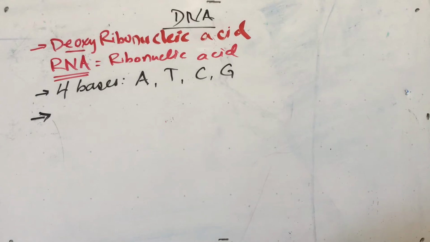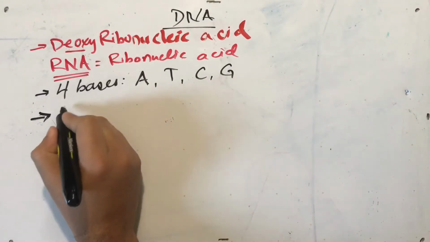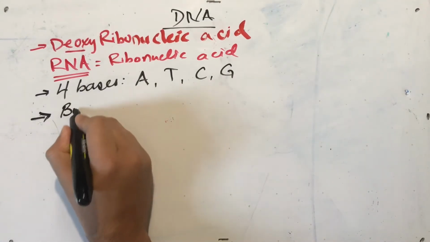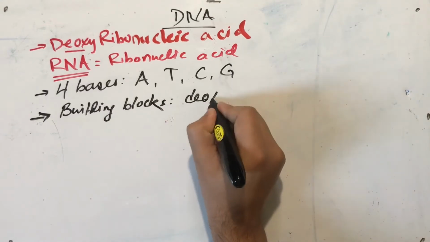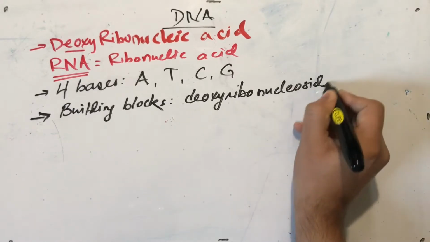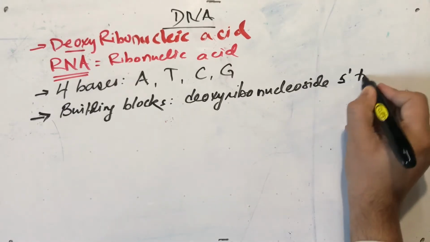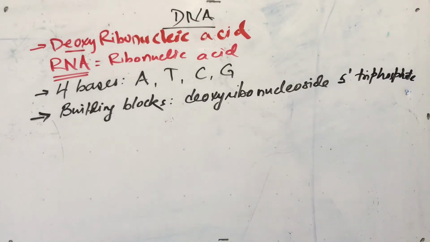The building block of DNA is a deoxyribonucleoside 5' triphosphate. It's a complicated name. Let me just tell you the secret behind the name.